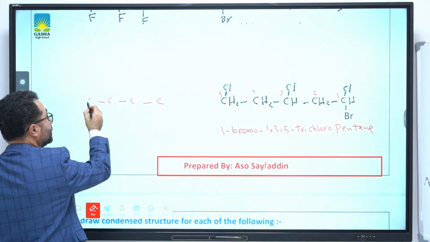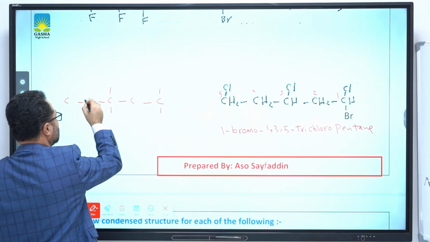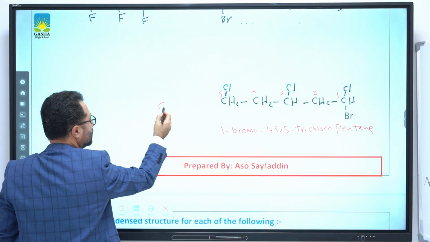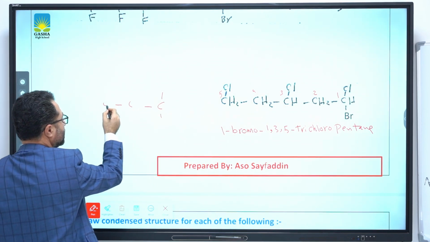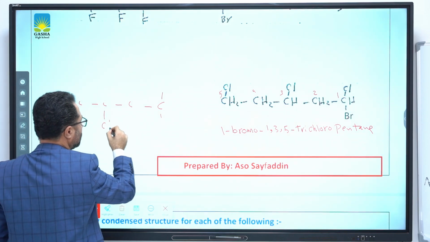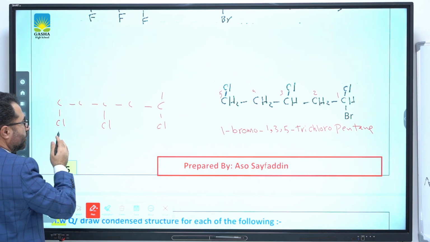If we have two different halogens on the same carbon, like Cl and Br, for example, you can start numbering from either side, right or left, it's the same.